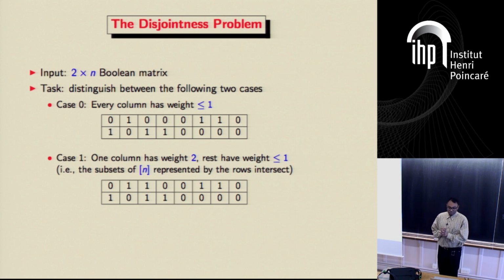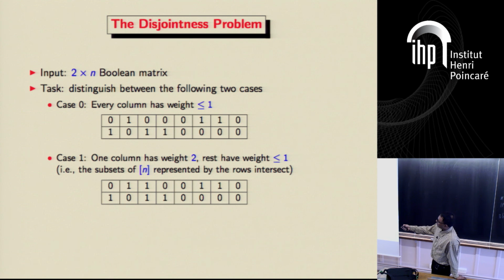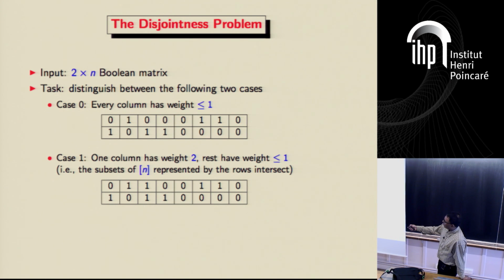So we look at the disjointness problem, which is again one of the basic and cornerstone problems of communication complexity. The input here is a 2 x n Boolean matrix, and each row can be thought of as representing a subset of 1 up to n, and the task is to tell whether these sets intersect or not.